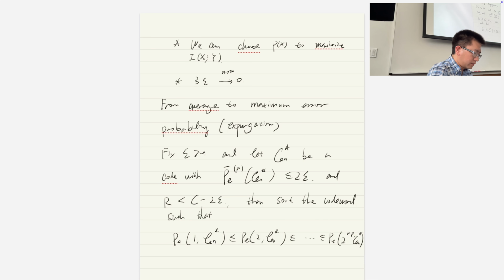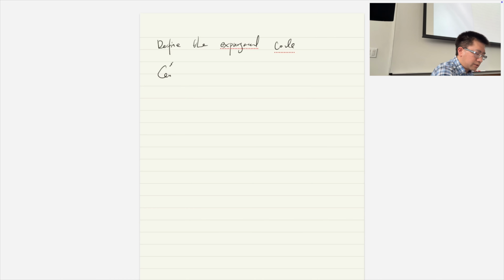Based on that, we just take out the first half of the messages. They're the good ones, right? So now we need to define a new codebook, called the expurgated code. We use Cn star tilde to represent that.